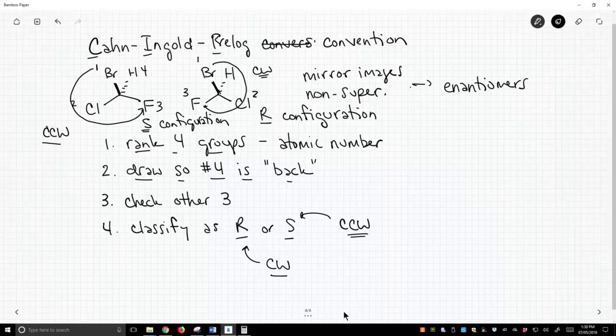So if you drew this structure, let's redraw it over here, and when we went through these different steps, we would say, oh, I've drawn this as the S. This is, in particular, S-bromo-chloro-fluoromethane.